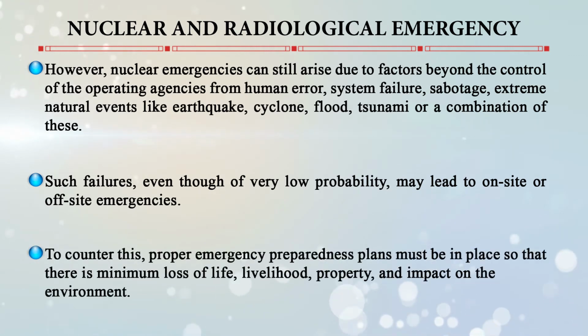proper emergency preparedness plans must be in place so that there is minimum loss of life, livelihood, property and impact on the environment. National Disaster Management Plan. A nuclear and radiological emergency, in short NRE, is an incident resulting in or having the potential to result in exposure to and contamination of the workers or the public in excess of the respective permissible limit.